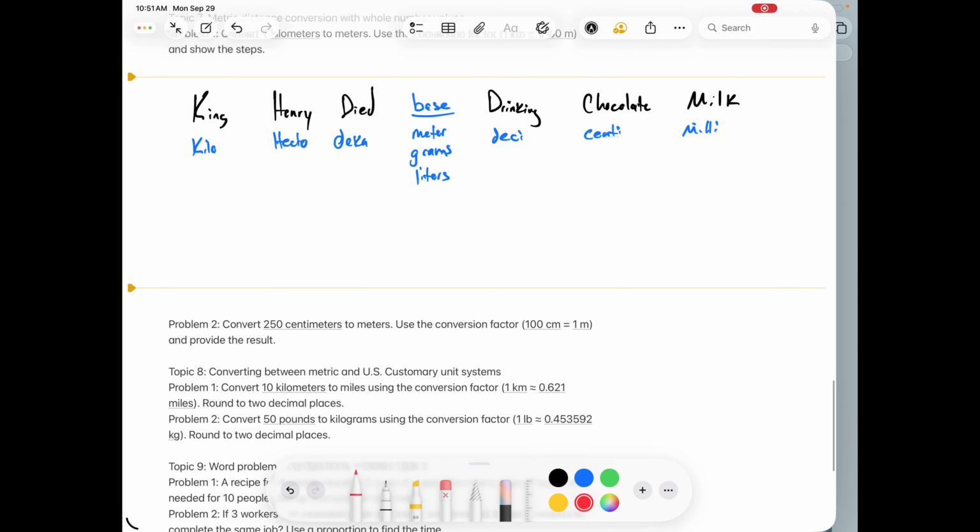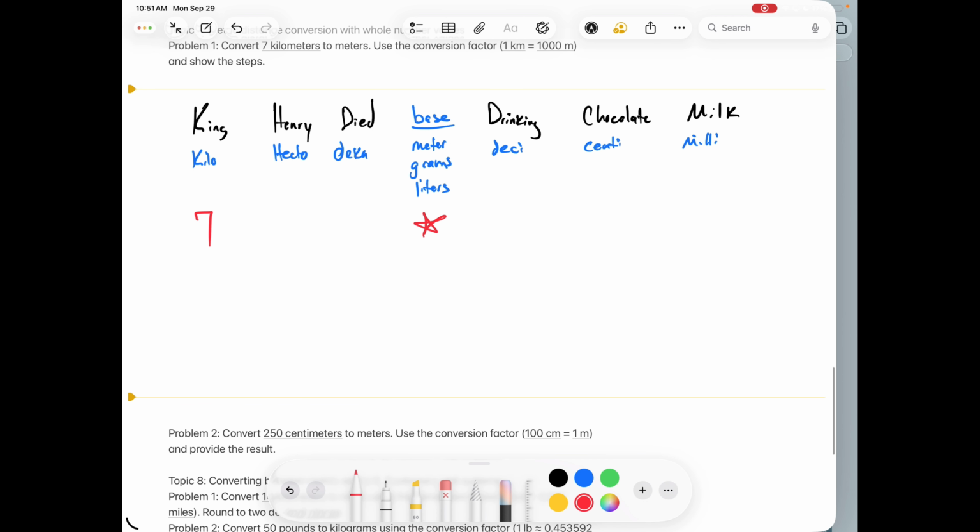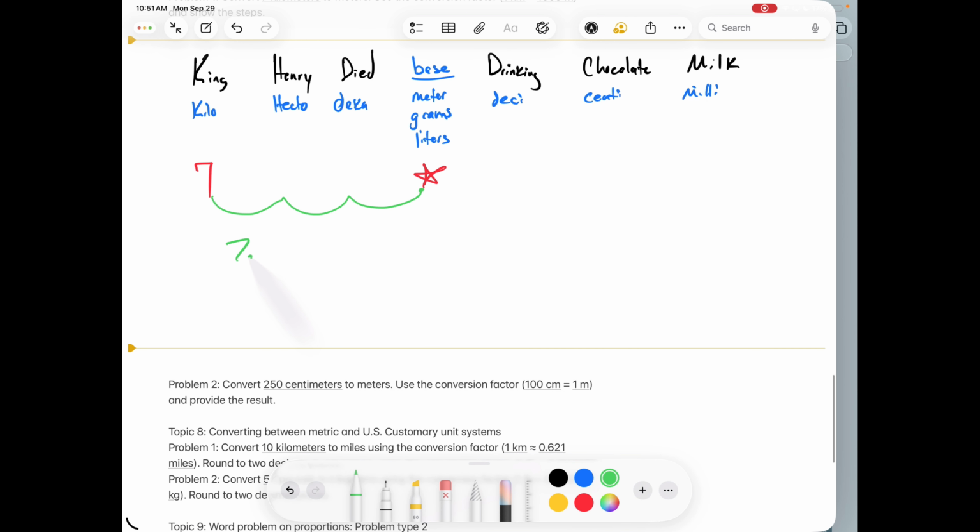And these are actually super easy to do because on this one right here, we have 7 kilometers, and we're trying to go to meters, right? So I'm going to go from there to there, I have to move 1, 2, 3 spots to the right. So what I do is I take the decimal and I move it 1, 2, 3 spots to the right.